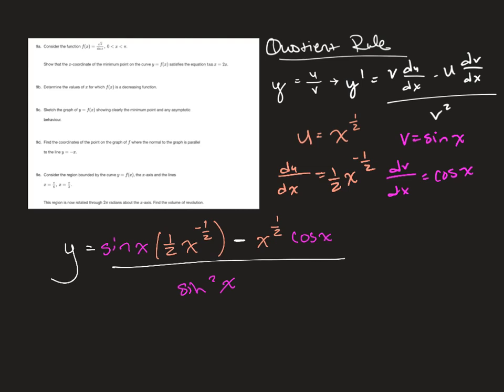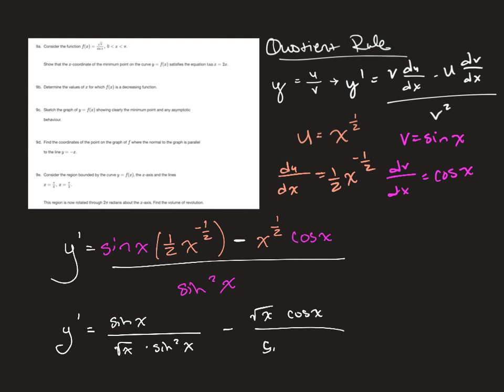Let's simplify this a little bit. This is y prime. Y prime is going to be sine of x over square root of x times sine squared of x, minus square root of x cosine of x over sine squared of x.